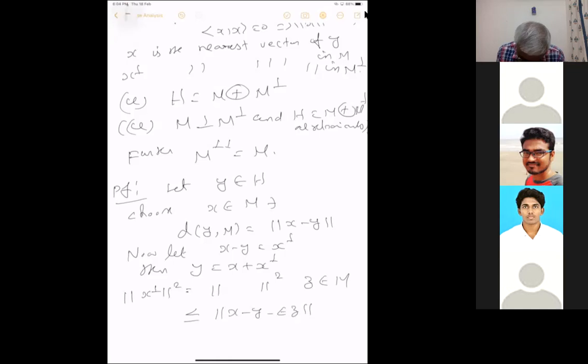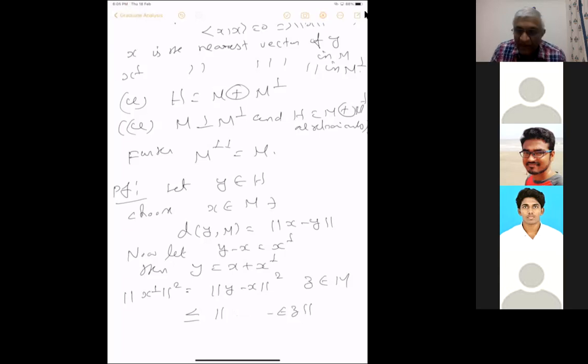I'm writing the same thing. So here also I should write y minus x, I'm sorry. Since y equals x plus x perp, x perp should be y minus x, not x minus y.